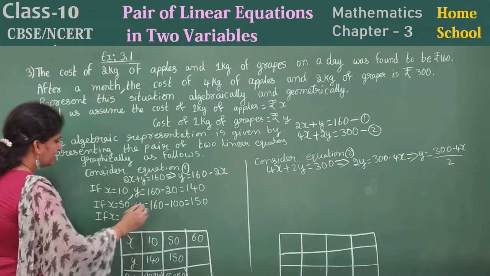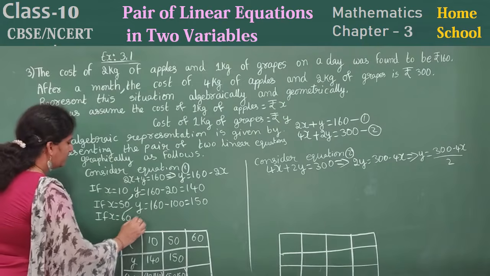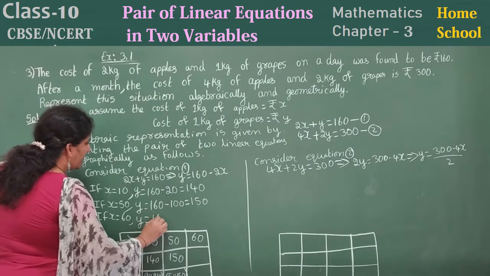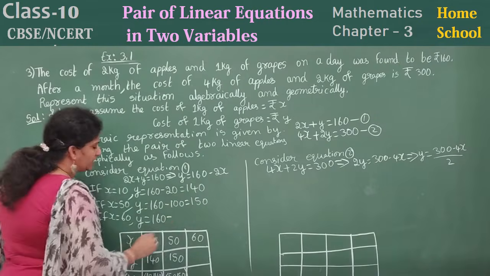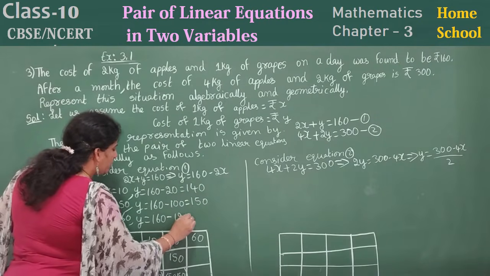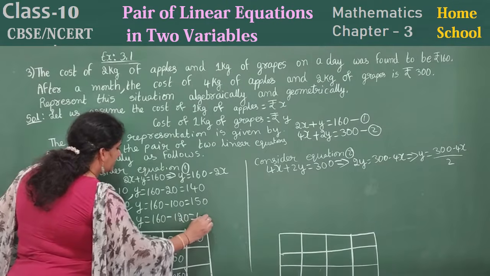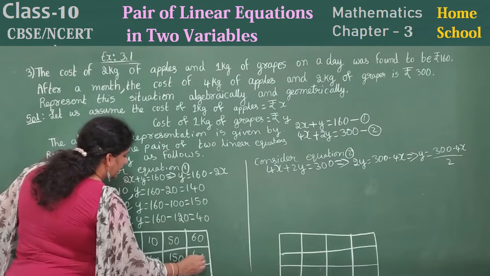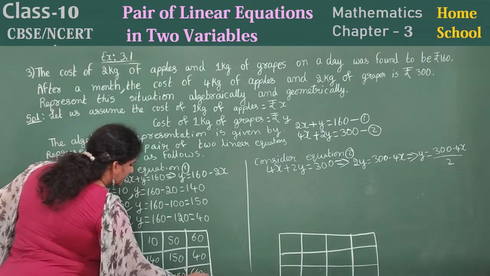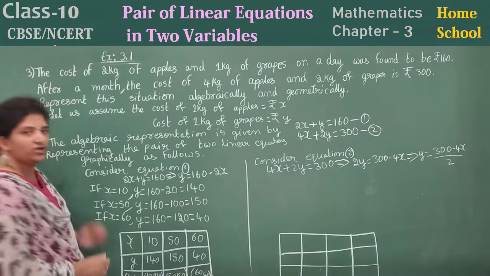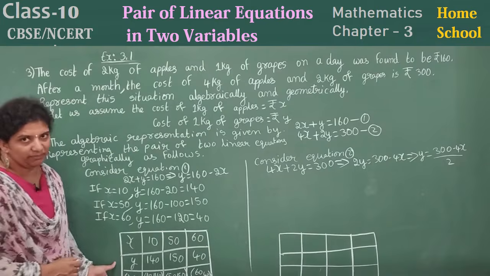If x is equal to 60, y is equal to 160 minus 60 into 2, how much? 120. 160 minus 120 will be 40. Okay, the coordinate will be 60, comma 40. So one table is completed.